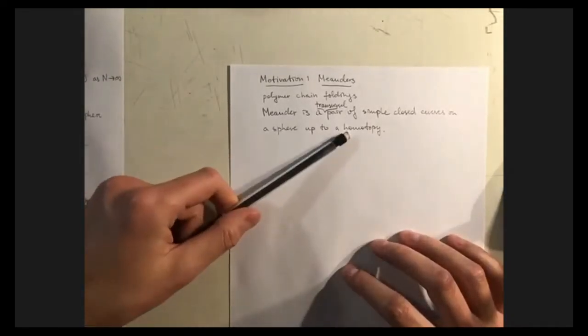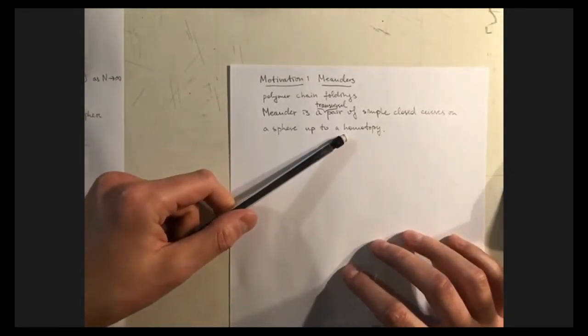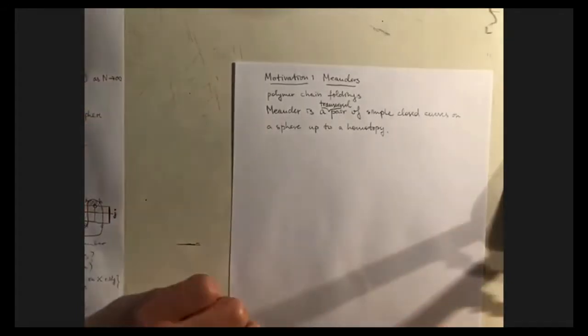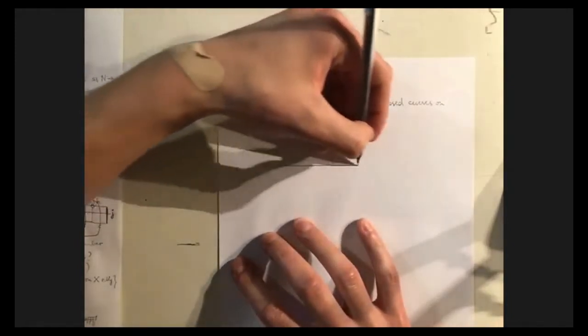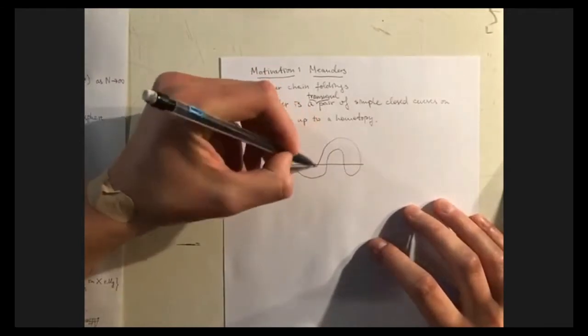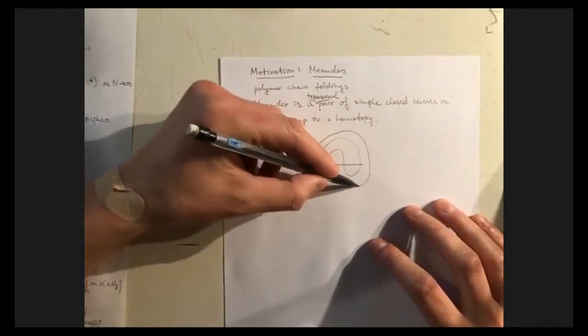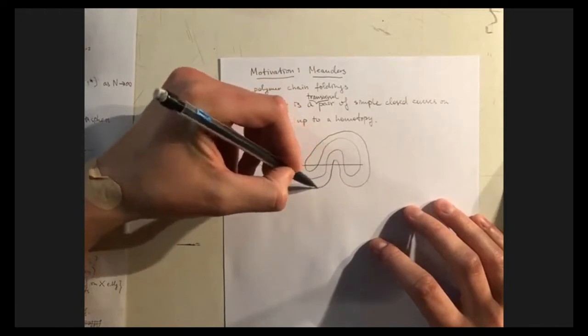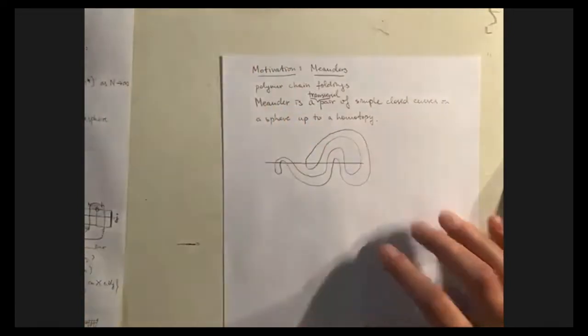Because it's up to homotopy, we can move one of our curves to be the equator of the sphere. And let's unwrap it into the plane. So something like this. Let me just draw something that is a meander. Maybe something like this.